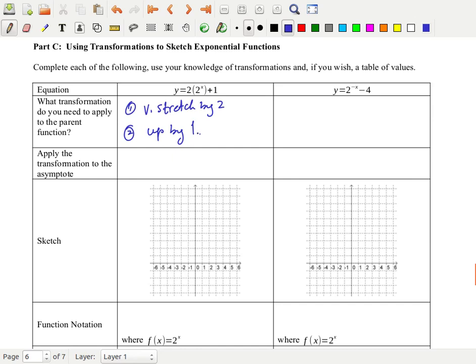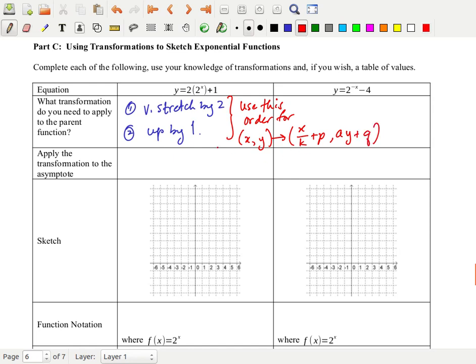We want to identify our transformations from left to right and in order. And if you're going to use this order, you must use this order for transforming any point to x over k plus p, a y plus q.